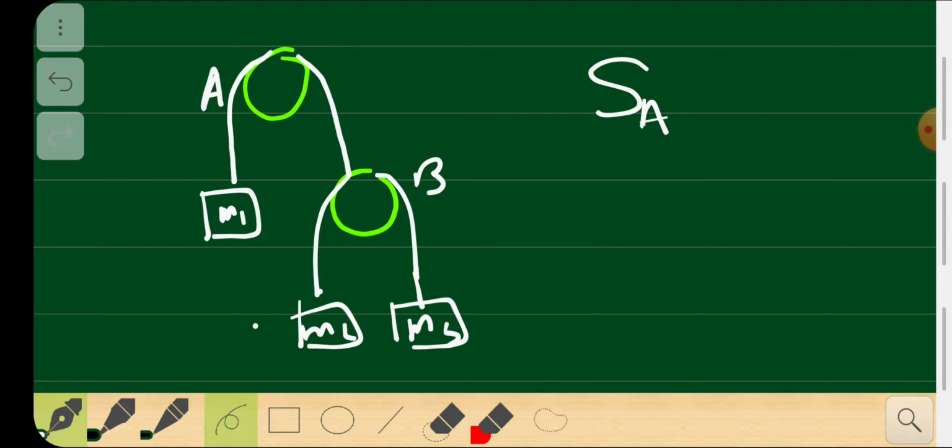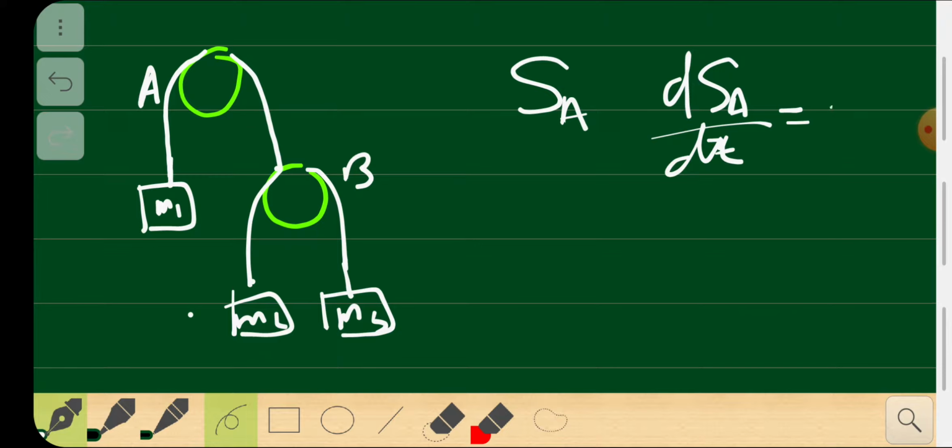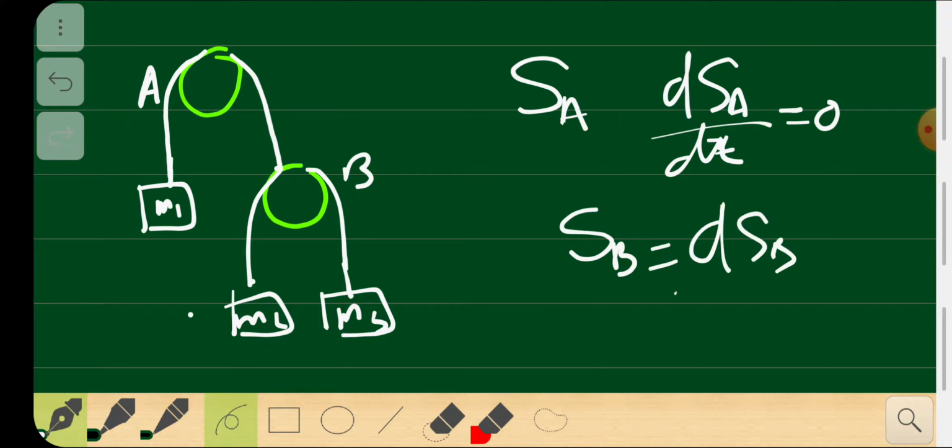String A cannot change. So d of string A by dt is going to be equal to 0. Similarly, string B won't change, so d of string B by dt will also be equal to 0.